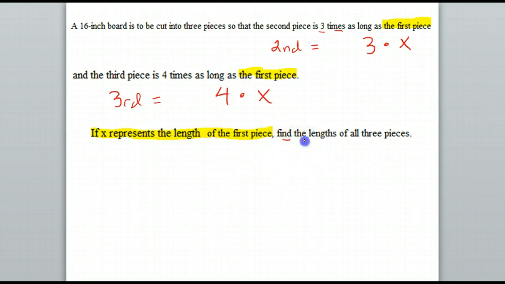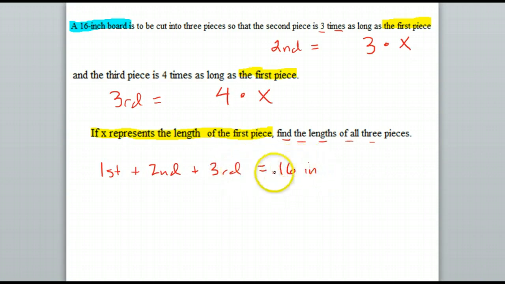Alright, and then we want to find the lengths of all 3 pieces. Well, this first sentence says it's a 16-inch board that we're cutting into 3 pieces. So that first sentence is telling me that the first, second, and third pieces add up to 16 inches. Alright, well the first is X. The second is 3X.